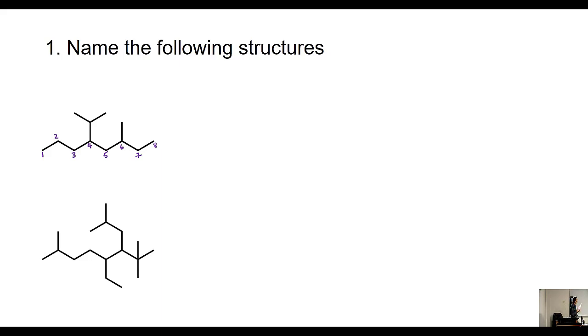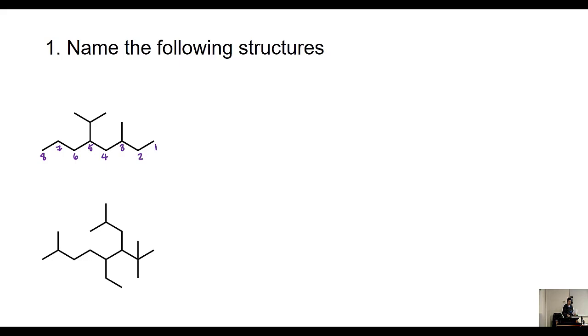Because it gives a smaller number for the first substituent. Perfect, right? We don't always just blindly number left to right. We need to make sure we're numbering with the substituents at the lowest positions. So instead of going this way on the paper, we're going this way, so my substituents are lowest. 1, 2, 3, 4, 5, 6, 7, 8.